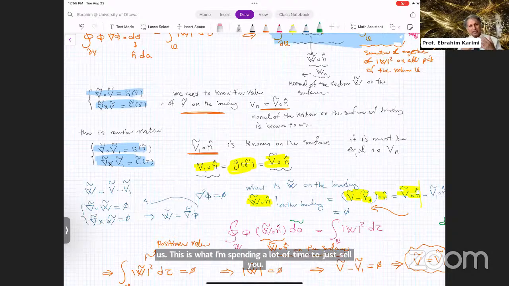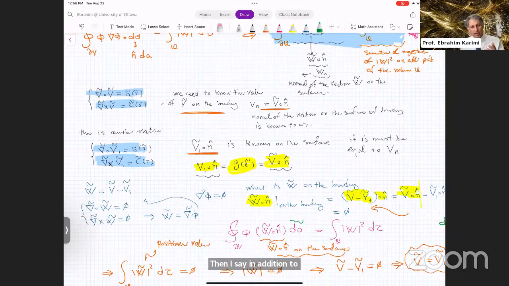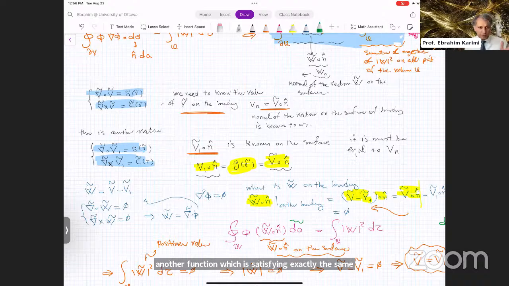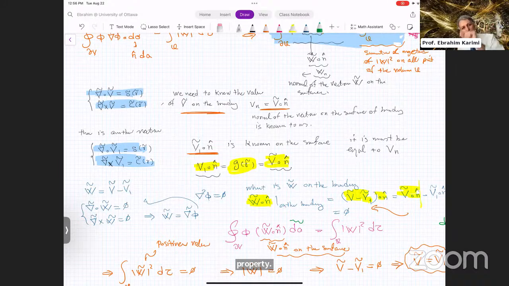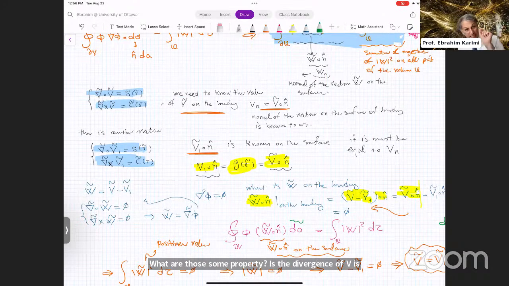Then in addition, I assume that I have another function which satisfies exactly the same properties. The divergence of V1 also is equal to S, exactly the same function. The curl of V1 also is the same function, which is C vector.